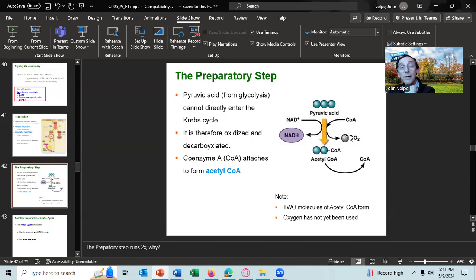In the preparatory step of aerobic respiration, the pyruvate is converted in one step so that it can enter the Krebs cycle. And pyruvic acid is converted into acetyl coenzyme A. NADH is actually generated. And then CO2 is given off. That's the first CO2 generated from glucose, meaning the carbon in glucose.